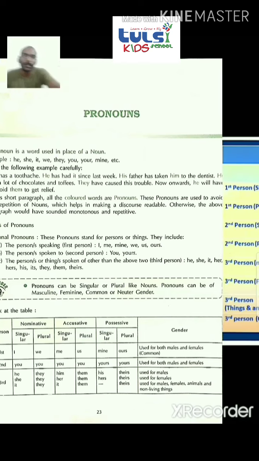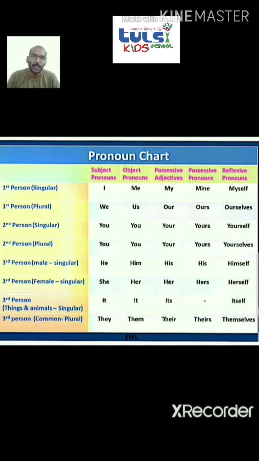Look at the table. Here pronouns are classified into 5 groups: subject pronoun, object pronoun, possessive adjective, possessive pronoun, and reflexive pronoun. Here I and we are first person pronouns. I stands for singular and we stands for plural.